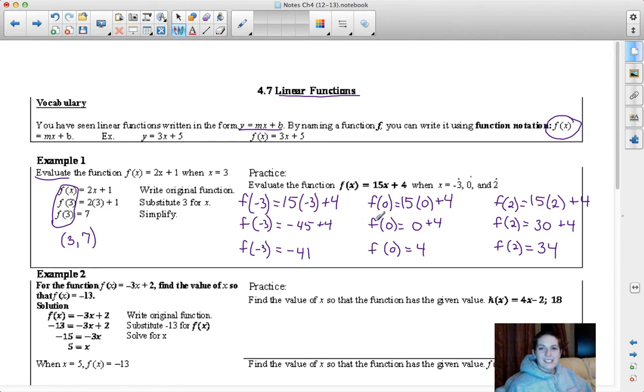Okay, so hopefully you checked over your work. And again, I just showed you an ordered pair. It didn't ask us to graph. So we really would just need to list negative 41, 4, and 34 as our 3 values.